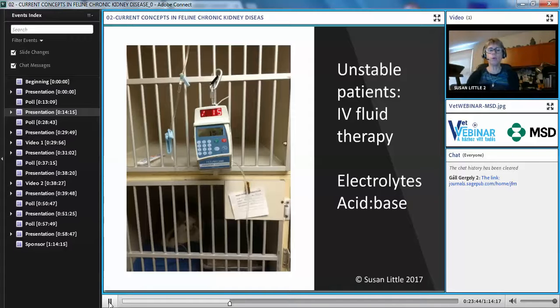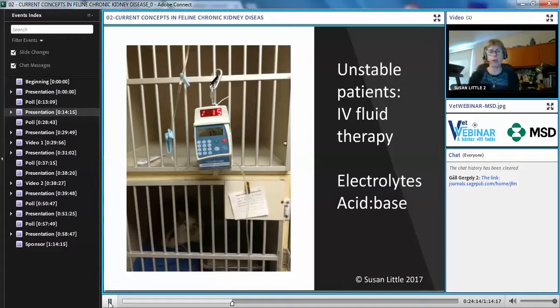And so we really need to talk about hydration in two categories. One, of course, is your unstable patient that is dehydrated enough that the patient should be hospitalized and put on intravenous fluid therapy. So these are the patients who are moderate to severely dehydrated, maybe quite unstable. They may have electrolyte imbalances or they may have acid-base disturbances, and they will benefit from intravenous fluid therapy in your hospital.